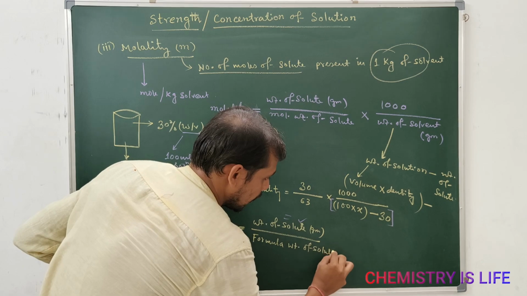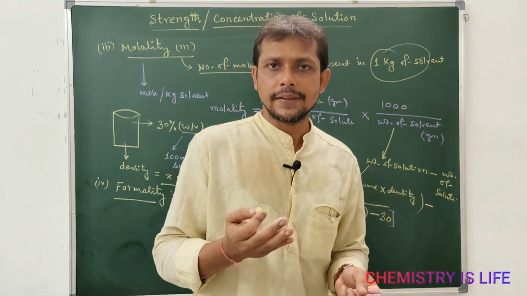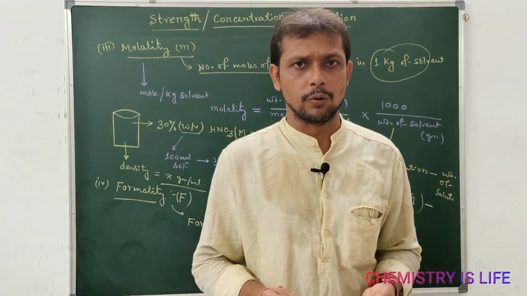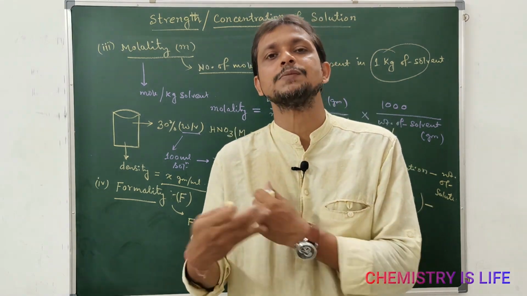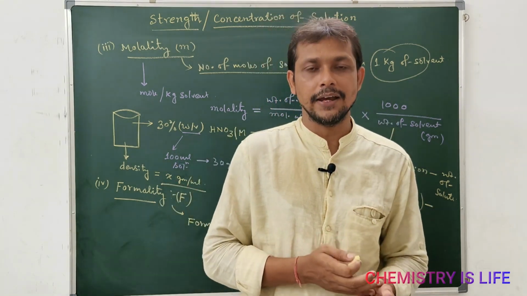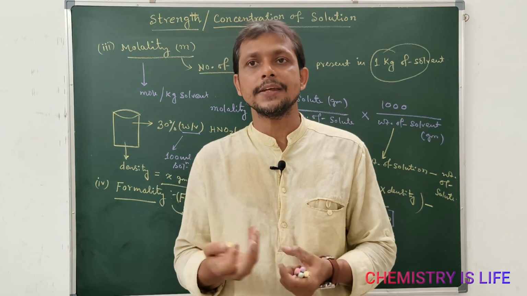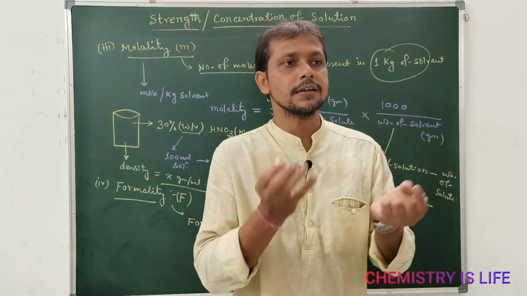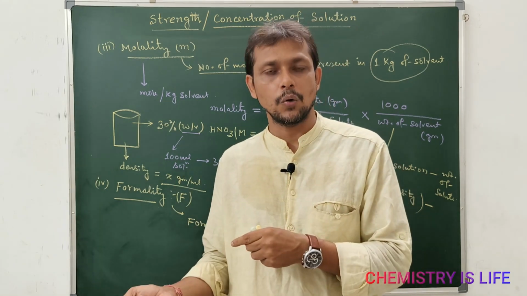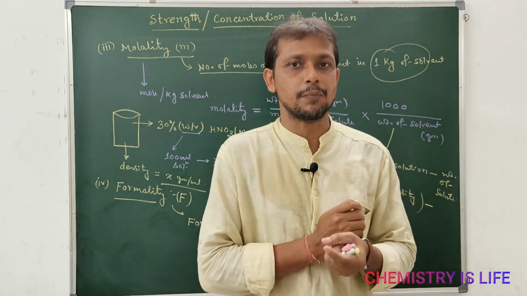And you may be confused about how a formula weight can be calculated. Formula weight can be calculated the same as molecular weight. Like NaCl. NaCl is an ionic compound. We often say that the molecular weight of NaCl is sodium 23 plus chlorine 35.5, that is 58.5.